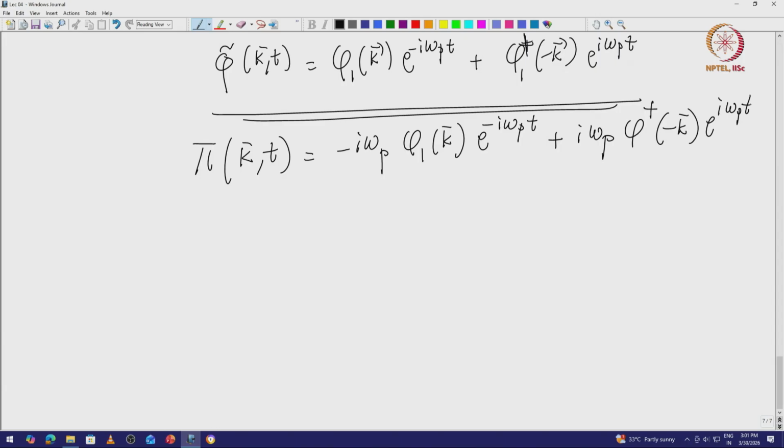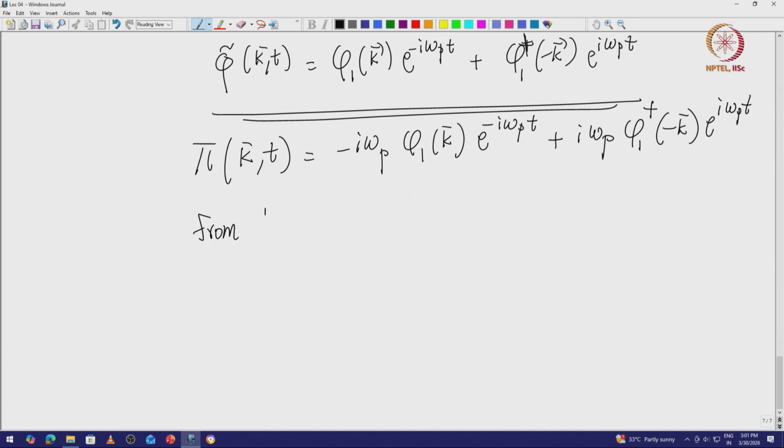So, we can derive pi directly from this, and with this you can express the full wave function, so you can solve for phi 1.